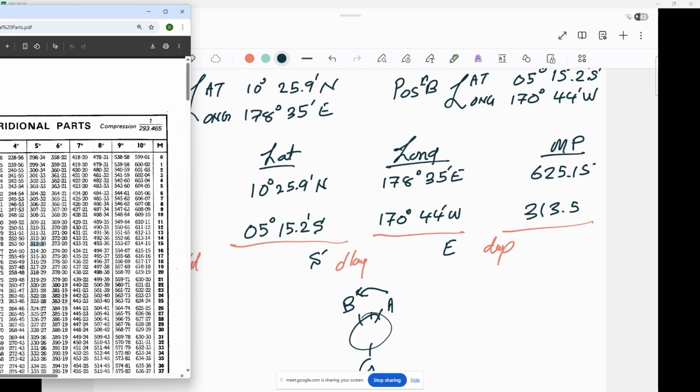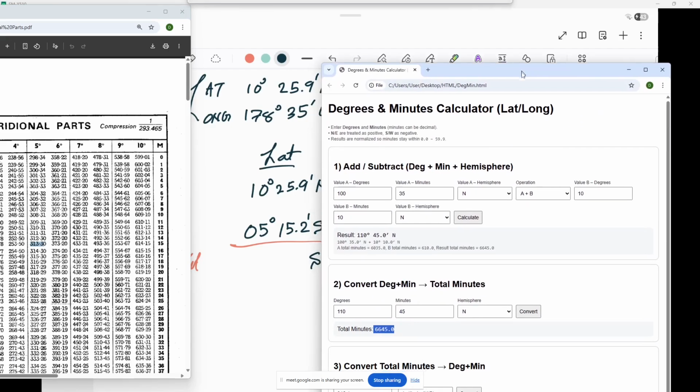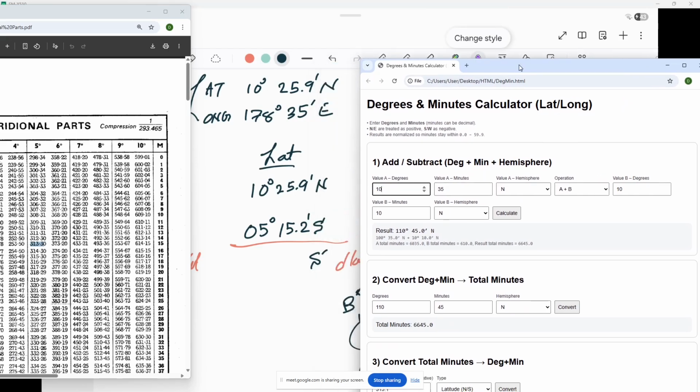So let's do the calculation and see. What we need to add is 10 degrees 25 decimal 9, and the next one is 5 degrees 15 decimal 2.